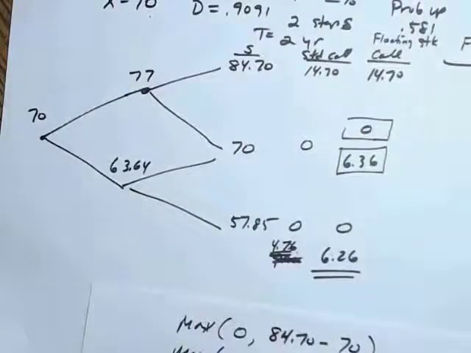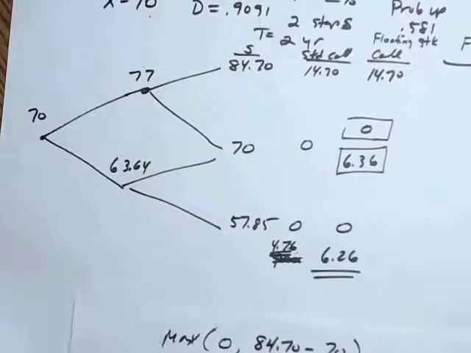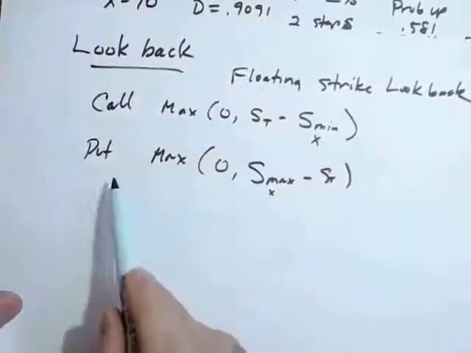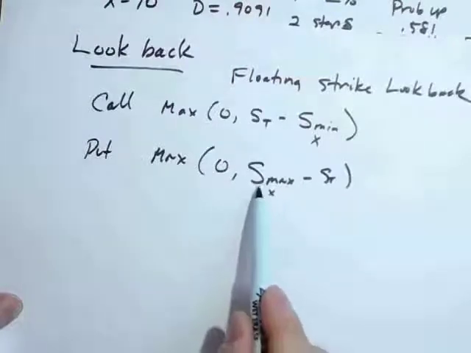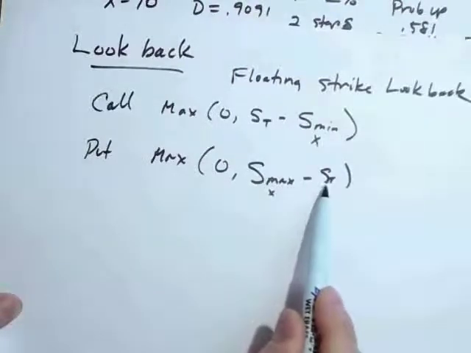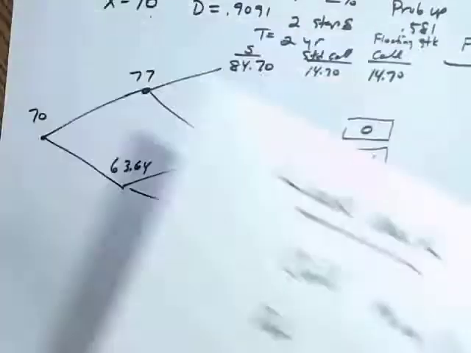Okay, now let's look at the floating put payoffs. We are going to use this formula we saw before. Here's the put. It's the maximum of 0, the stock price maximum over its path minus the ending stock price.